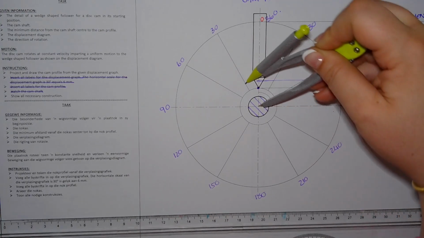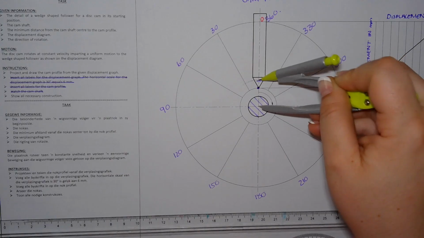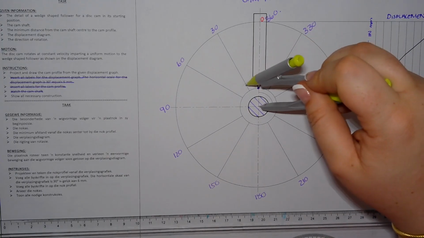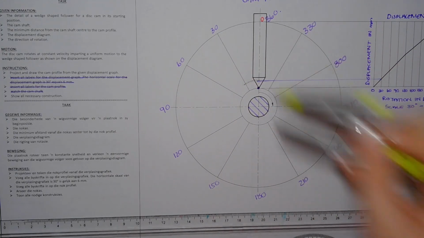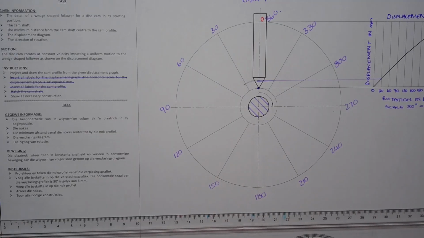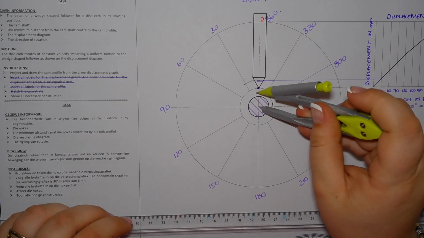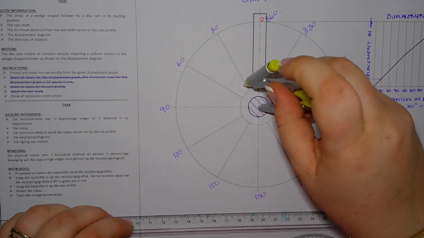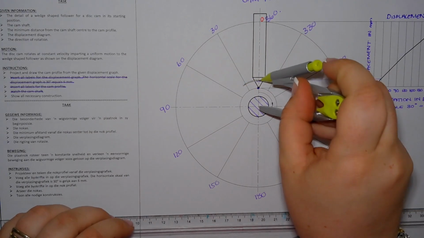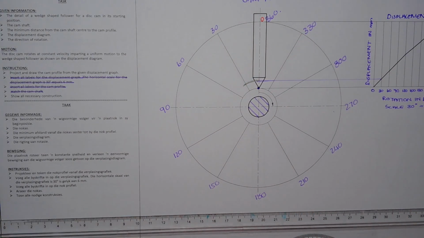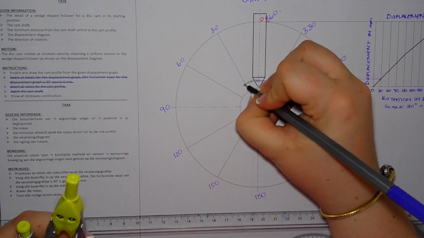I draw a curve until it touches 30 degrees. So this is the point for 30.